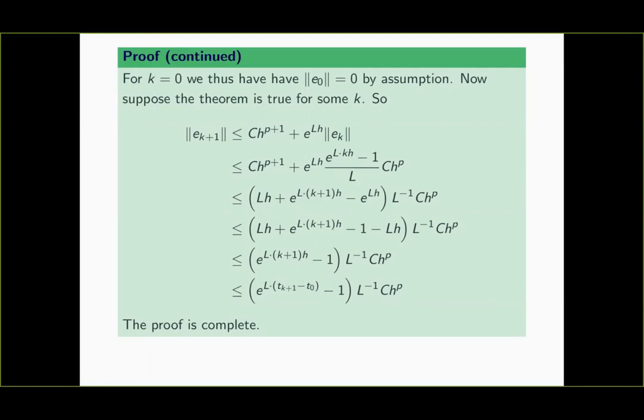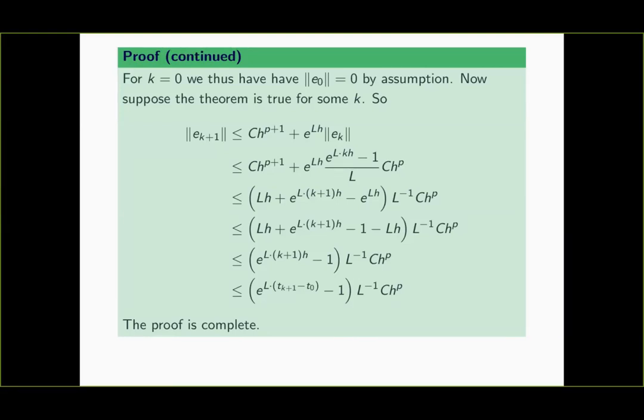Next, we recall that exponential of LH is greater equal 1 plus LH. So I can substitute that and get an upper bound. And then in the next step, I just cancel out plus LH and minus LH.